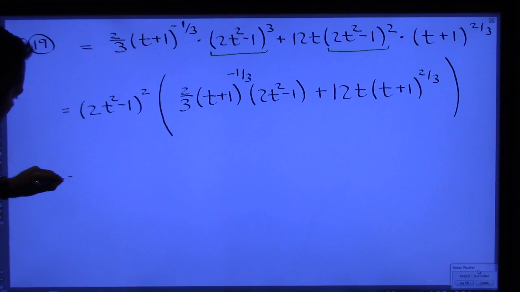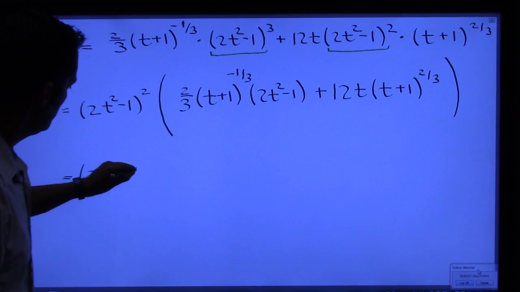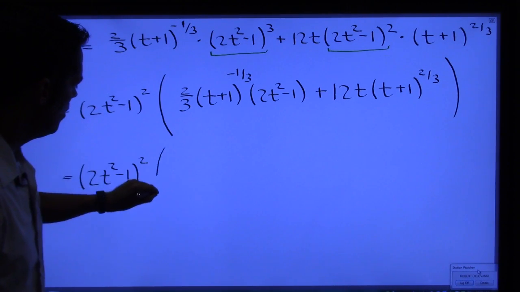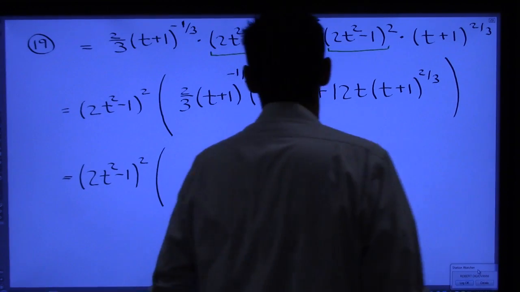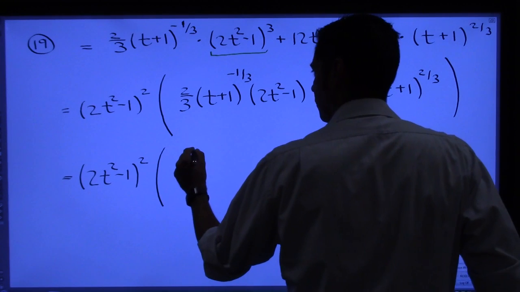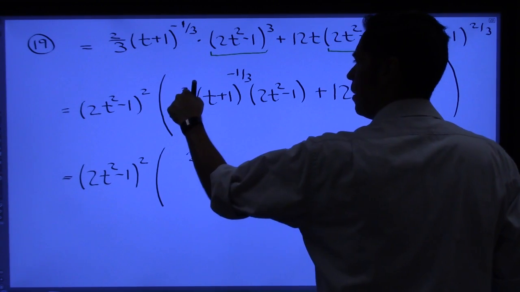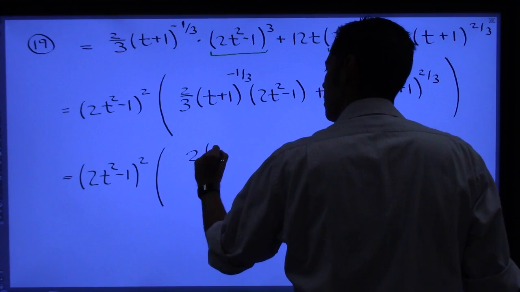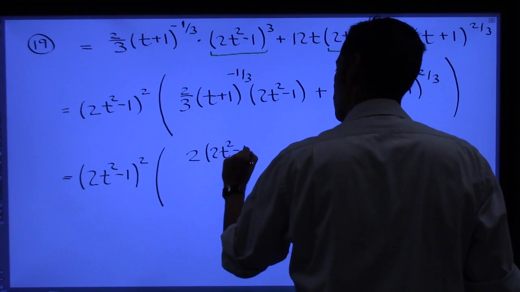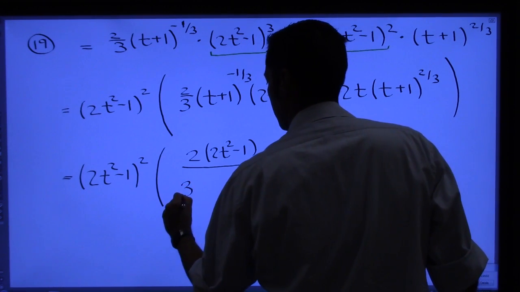Now let me go a little further. This is (2t squared minus 1) squared times. Now this negative exponent means I can drop it down. So watch the way I write this. I'm going to have 2, which is still up here, then the 2t squared minus 1, which is still up there, over the 3, which is down on the bottom now.